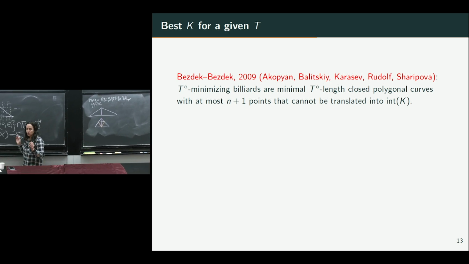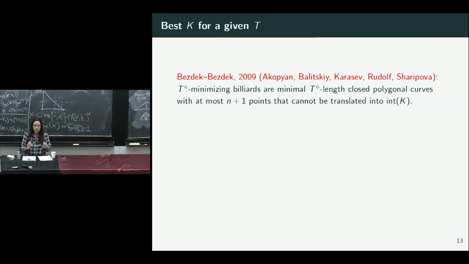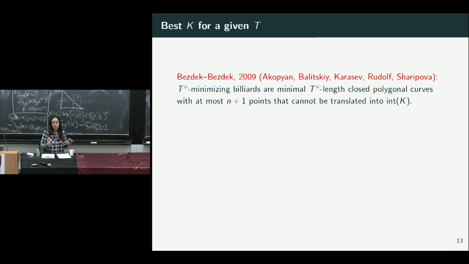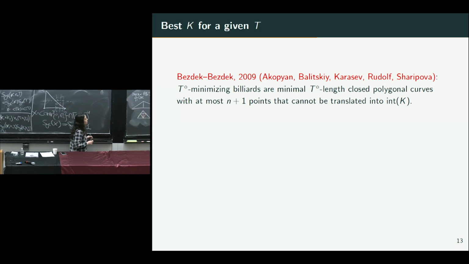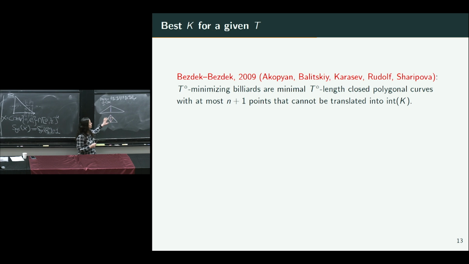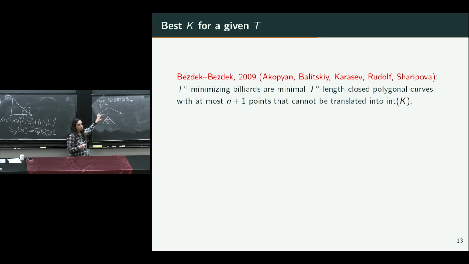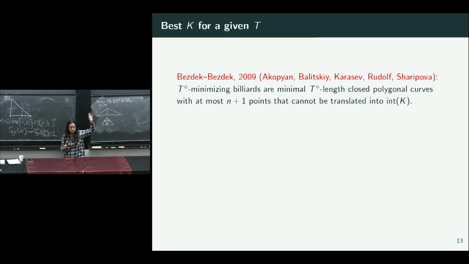So this is a new law to try and find minimal billiards, and it can also be shown that it's enough to consider billiards with at most n+1 bouncing points, where n is the dimension of K or T.